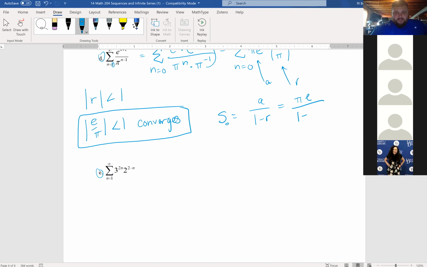This is 1 minus e over pi. And I think the only thing I did for this one to clean it up was just multiply through by pi on top and bottom. Just left it like that. Of course, you can get a decimal for that, but exact answers are always better.